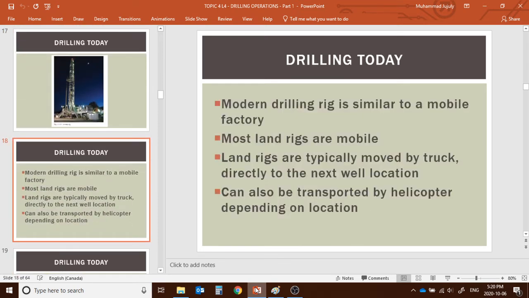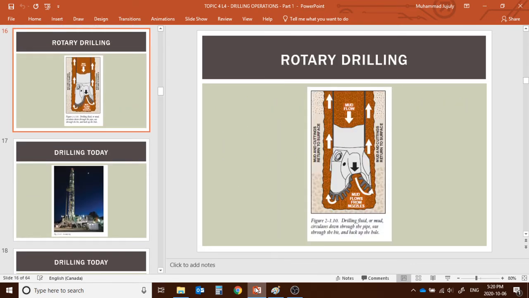So nowadays, the modern drilling uses a mobile platform. As you have seen in the previous slide, when the drill bit rotates, the drilling fluid or mud carries the mixture of clay, water, and all other chips to the top.